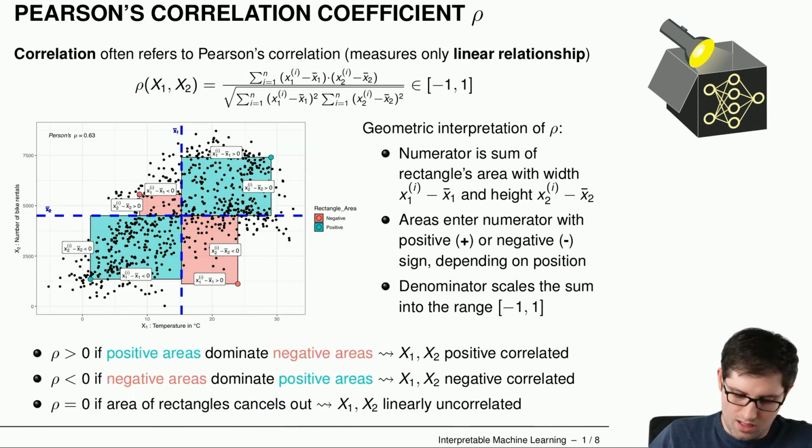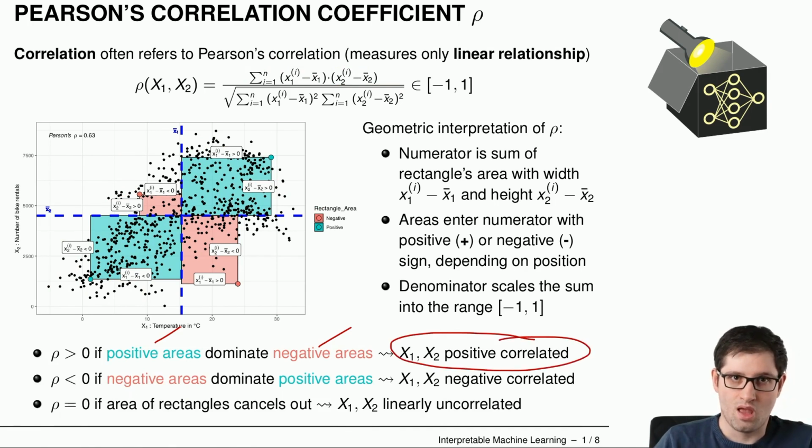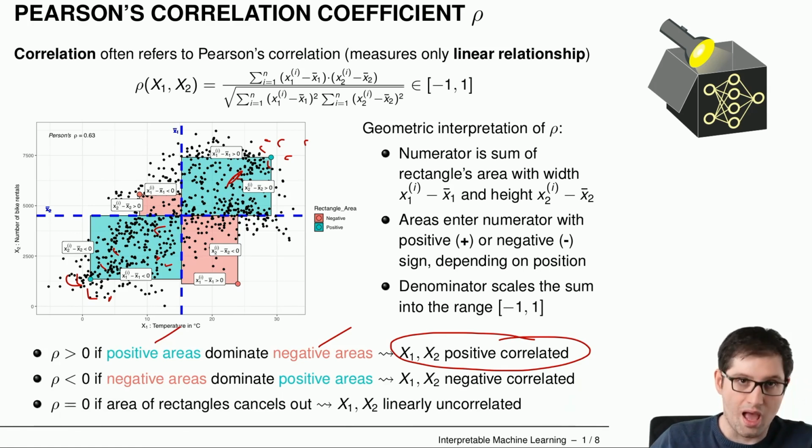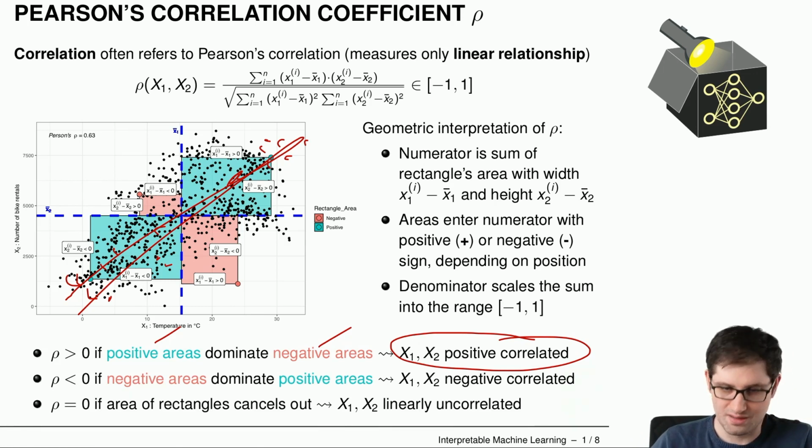And if the sum of the positive areas dominates the negative areas, we speak of a positive correlation, meaning that if we have many more points in this quadrant here, and we can already visually see what this will look like, this speaks for a linear relationship, because we can think of a line in here that tells us there's a positive trend.